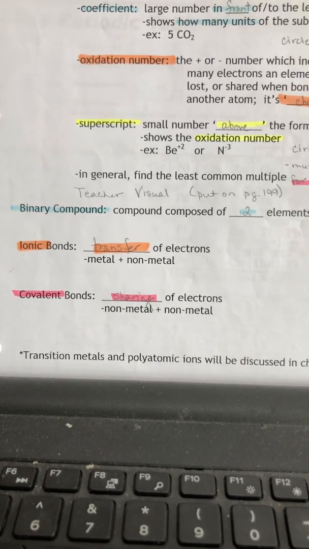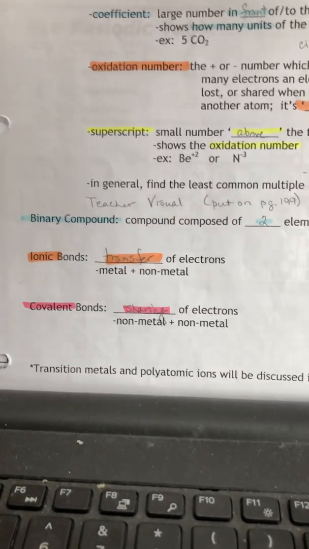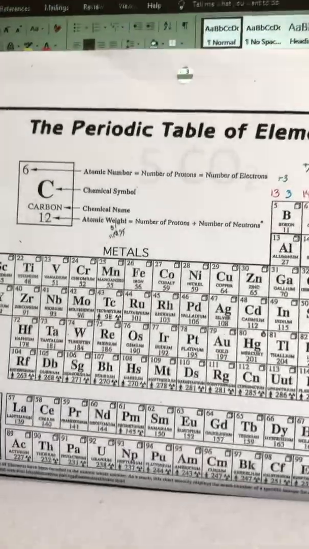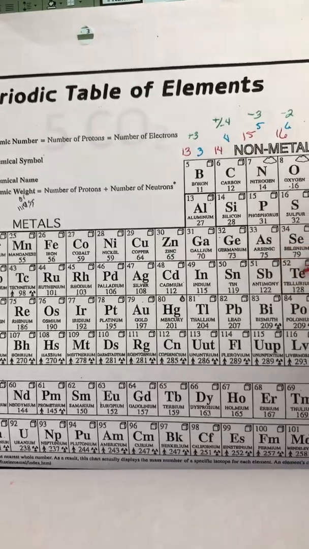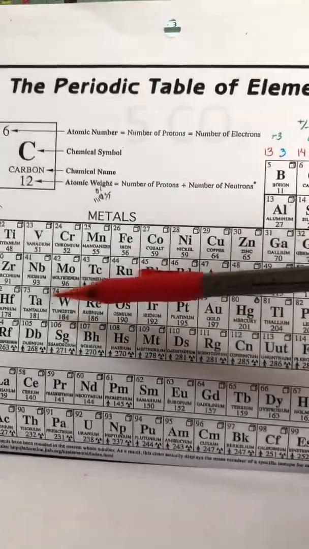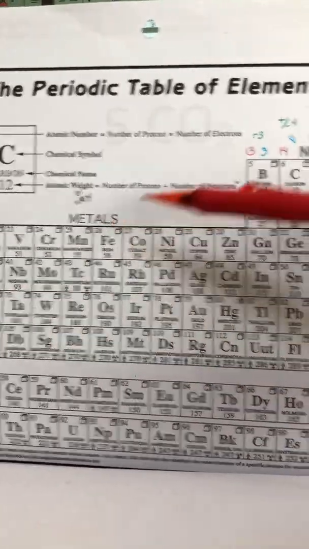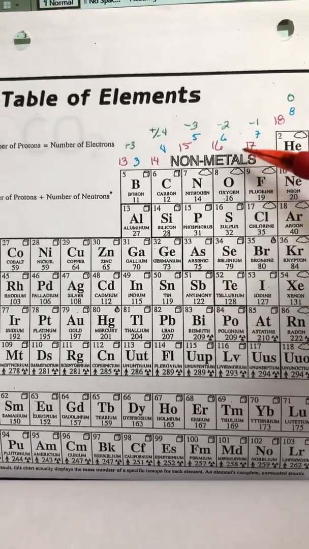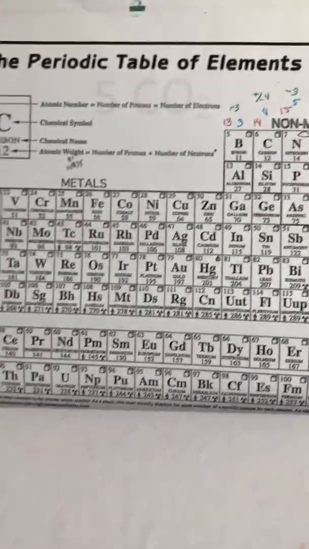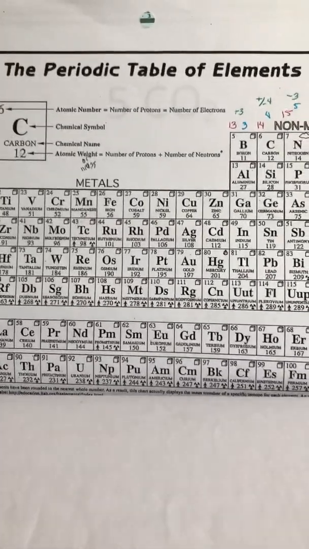And there are different rules for naming depending on that. So just to remind you very quickly, here is the stair steps. Everything to this side, the left side, is a metal. Everything to the right side of the stair steps is a nonmetal, and that is right on the periodic table of elements that I gave you to use.